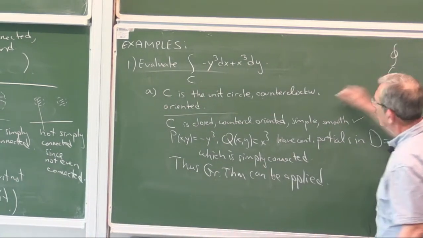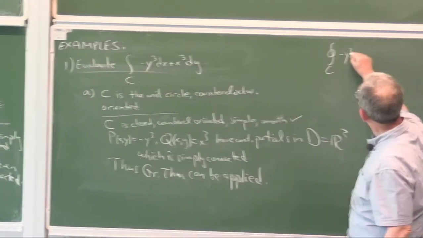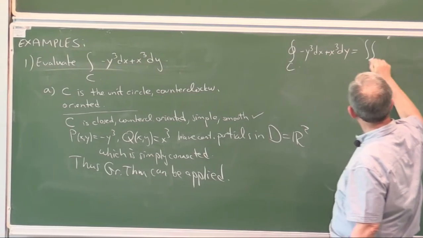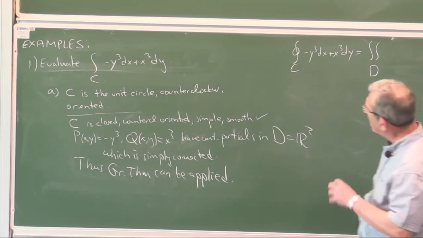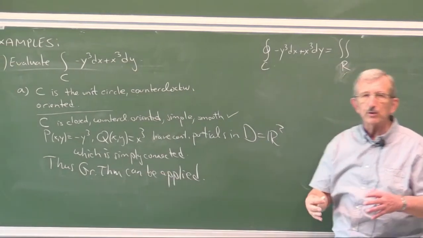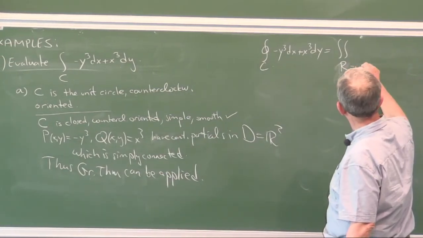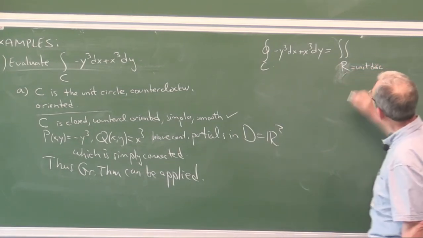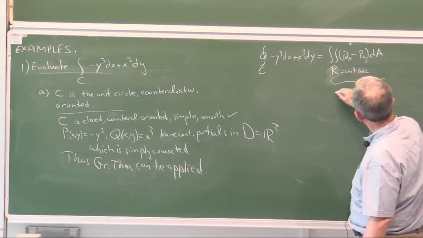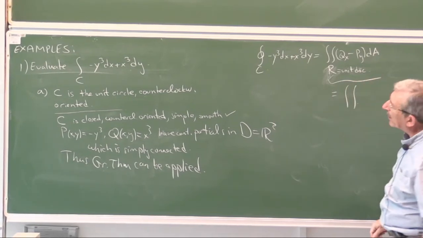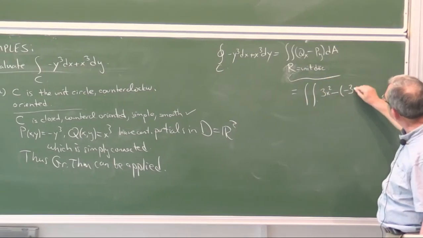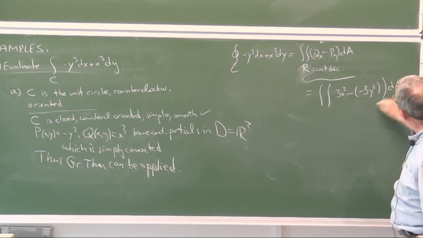The integral over C, now we know C is a closed curve, of minus y cubed dx plus x cubed dy is the double integral over R, here the inside part of the unit circle, so it's the unit disk, of Q sub x minus P sub y dA, which here becomes Q sub x, 3x squared, minus P sub y, minus 3y squared, dA over R.